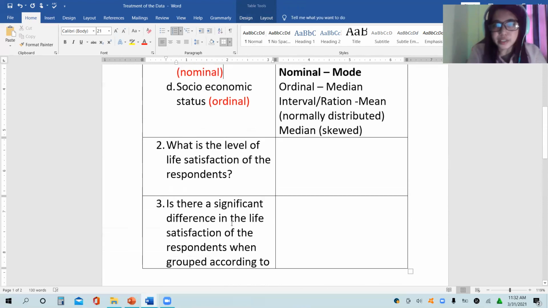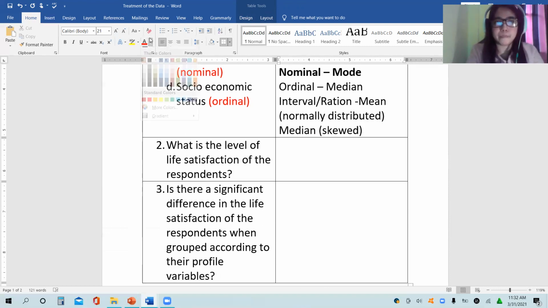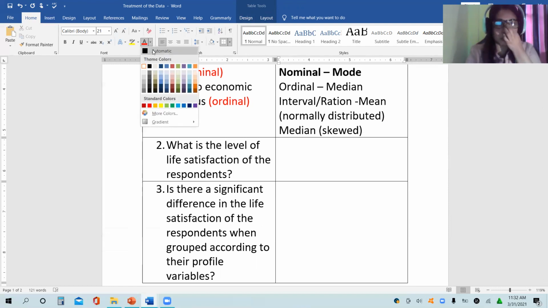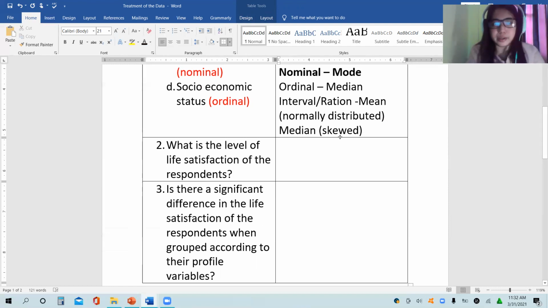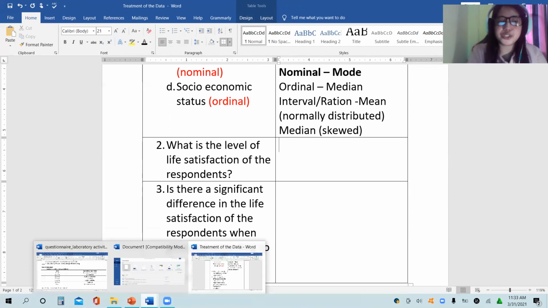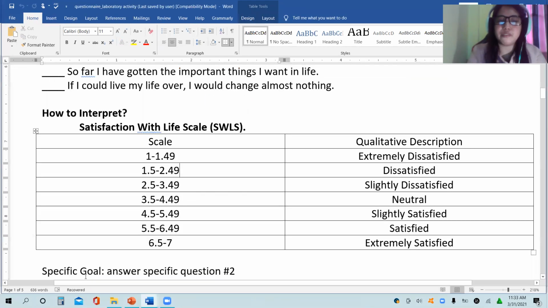Let us first consider life satisfaction. For this problem, how are we going to determine the level? Remember that we have the table that shows how to interpret the data, which we showed in the first topic under this lesson.